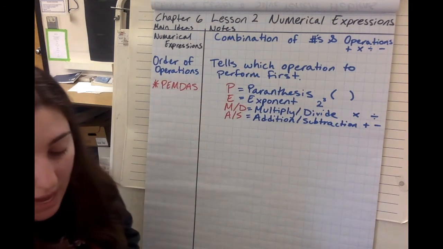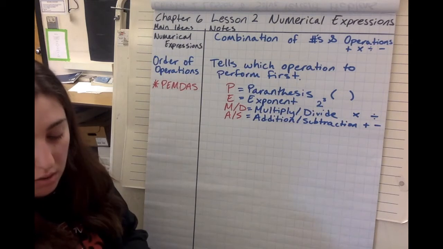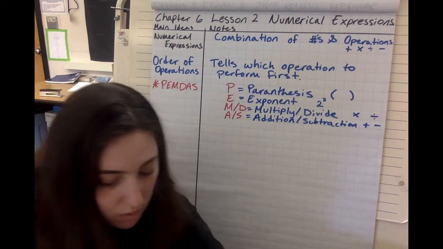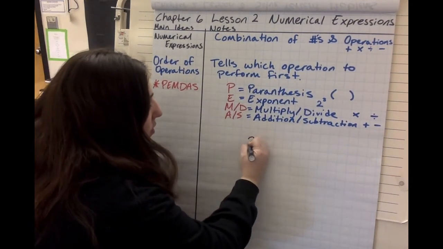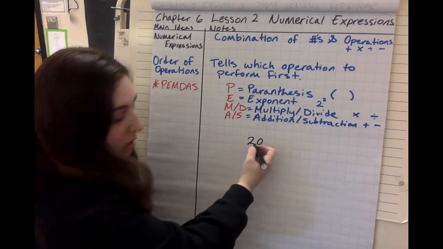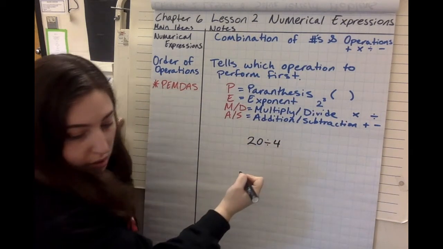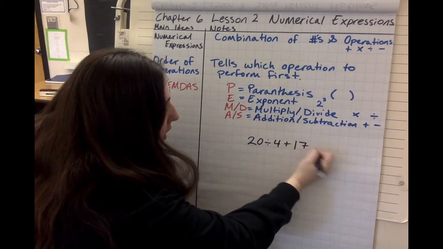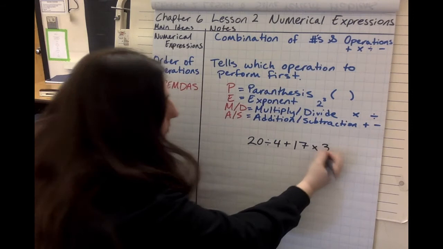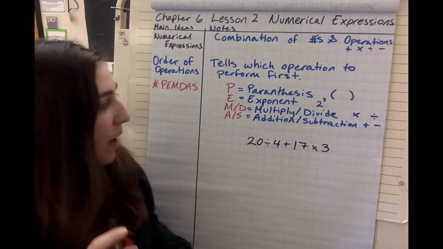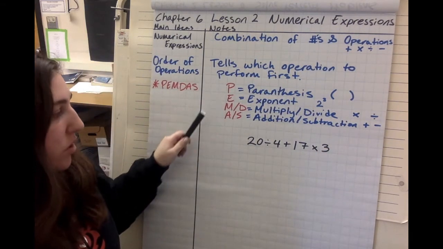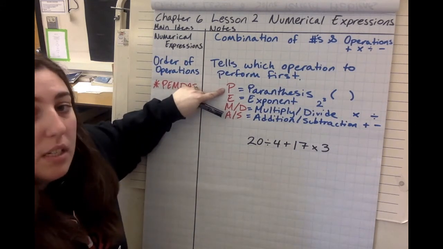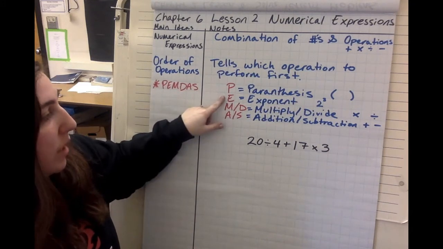So let's say I have the expression 20 divided by 4 plus 17 times 3. Let's talk about what I was saying about multiplication and division. First, there are no parentheses, so we're going to skip that and go to exponent.